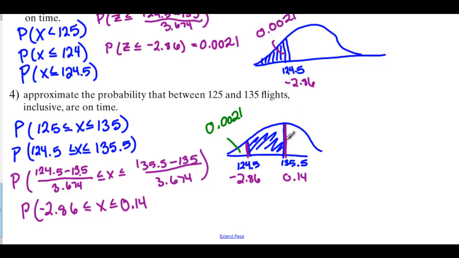But this little area over here, having a 0.14 for our z-score. Super, thank you. So this whole area is 0.5557. So we're just going to subtract the two to figure out what's actually in between. Because again, the area we're looking for is in between these two numbers.